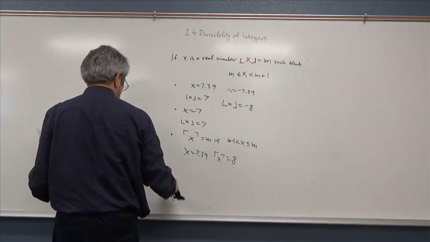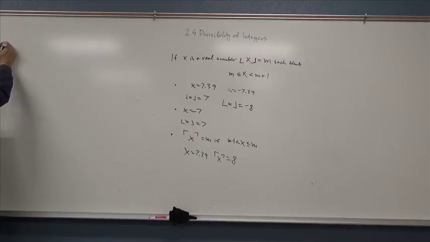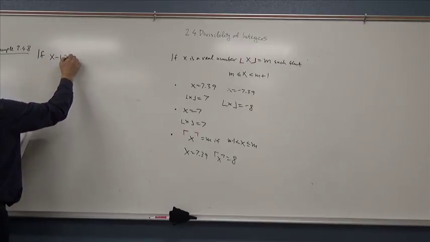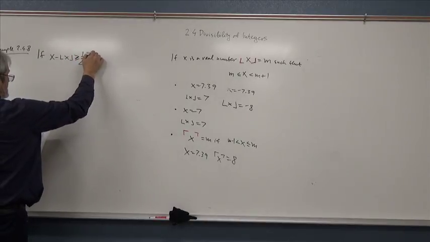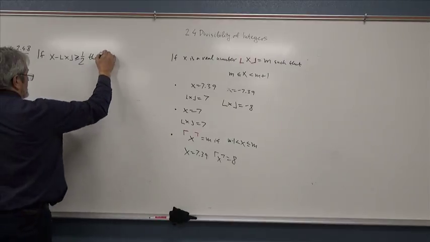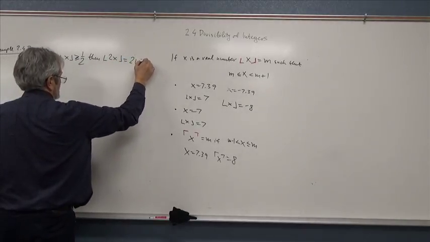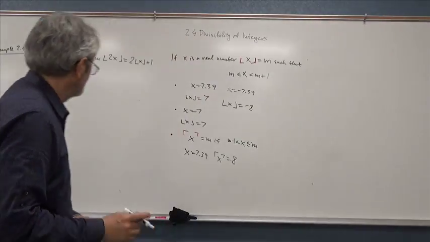So we want to prove example 2.4.8, and we want to prove the following: if x minus floor of x is greater than or equal to 1/2, then floor of 2x equals 2 floor of x plus 1.